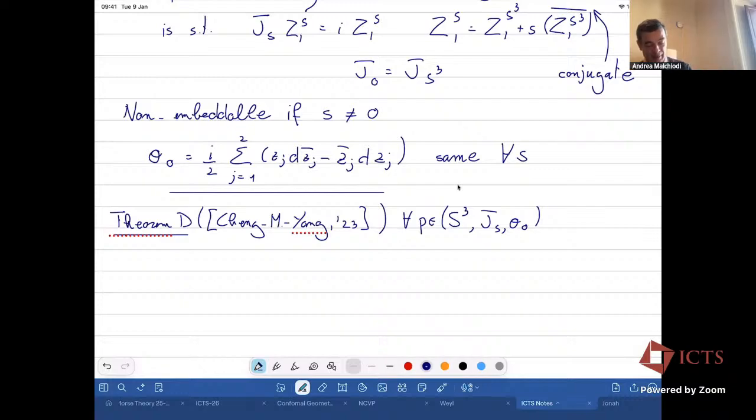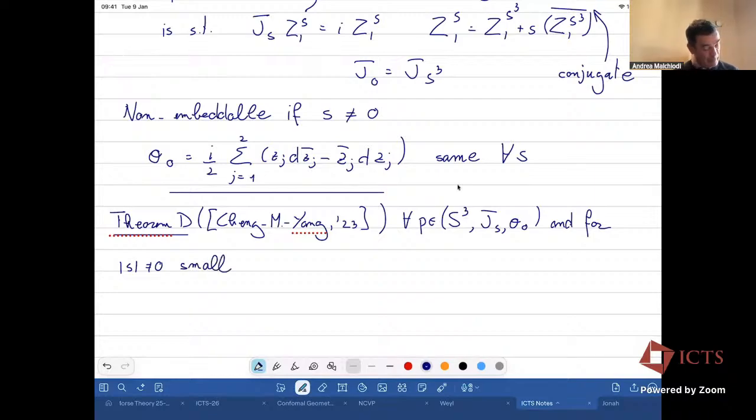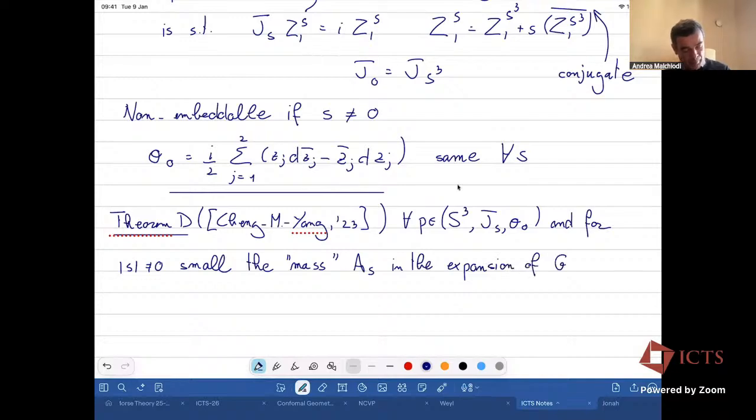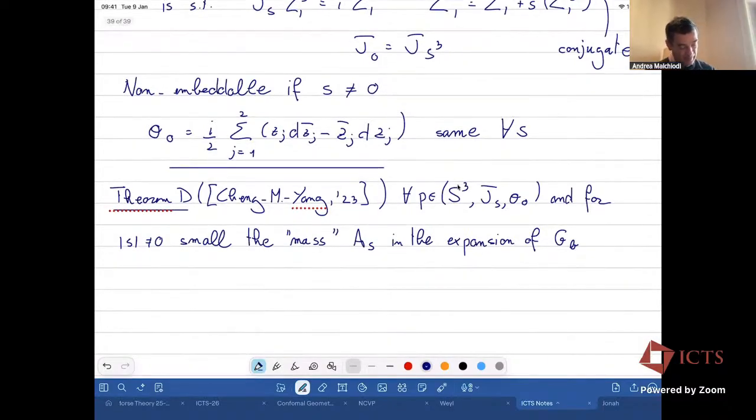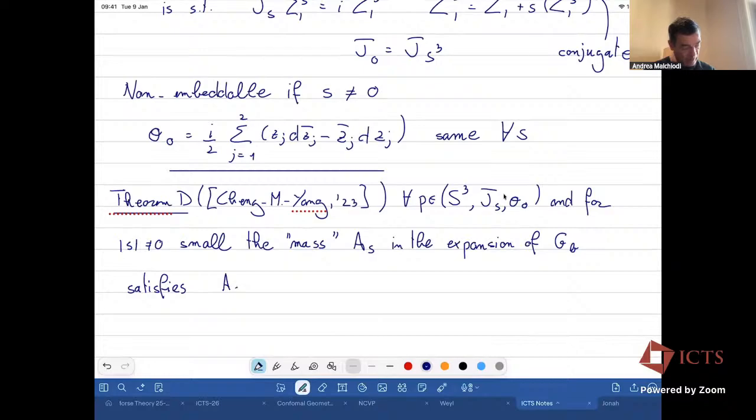For any point and for absolute value of S small, non-zero, the mass A S in the expansion of G P, the Green's function of the conformal sublaplacian, satisfies A S equal to minus 18 pi S squared plus little o of S squared.